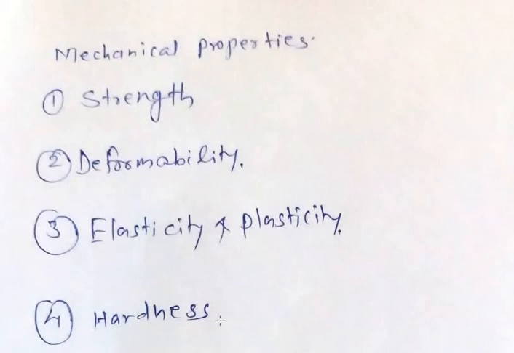It also gives an idea of strength gradation of rock. It depends upon the strength of chemical bond between the minerals. It affects the reliability of rock. This is about the mechanical properties of the rock.